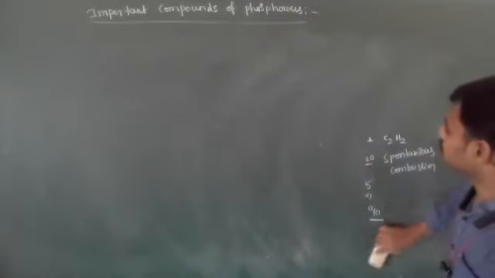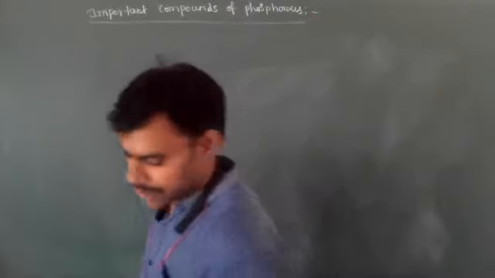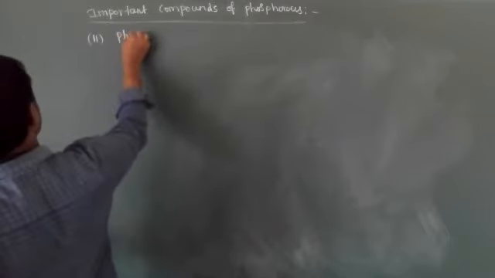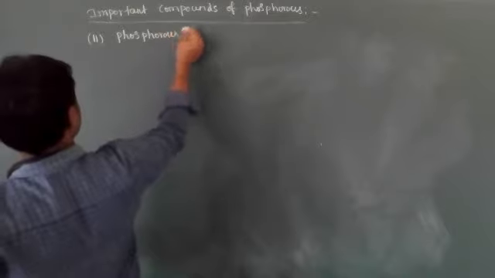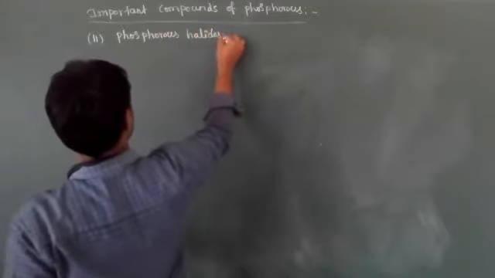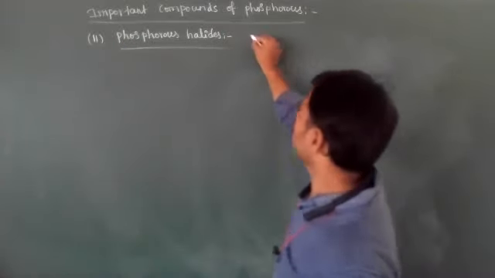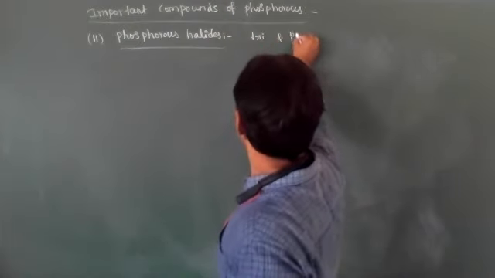Next important compounds of phosphorus are phosphorus halides. The second one is phosphorus halides. We know very well phosphorus can form tri and pentahalides.